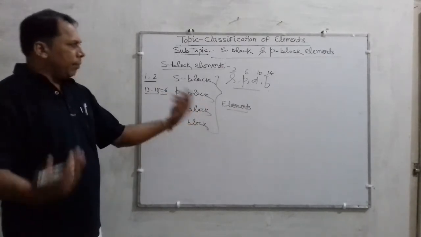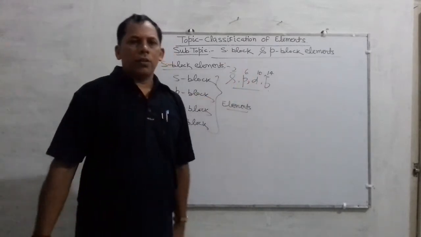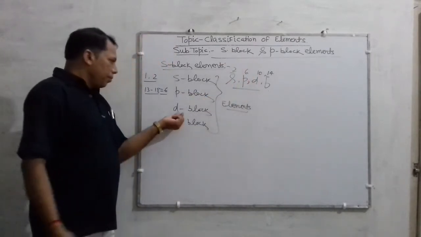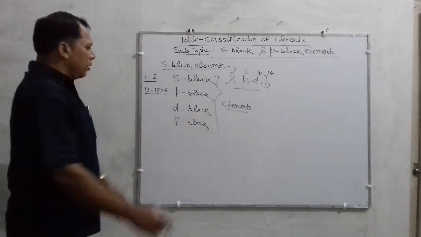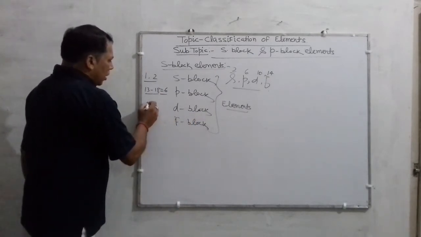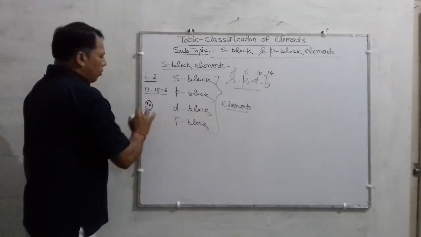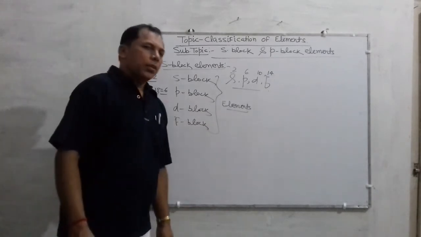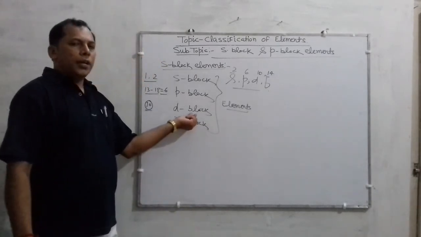Similarly, the D subshell contains a maximum of 10 electrons. So the D block contains a total of 10 groups.